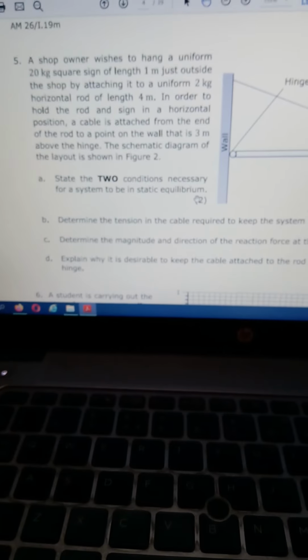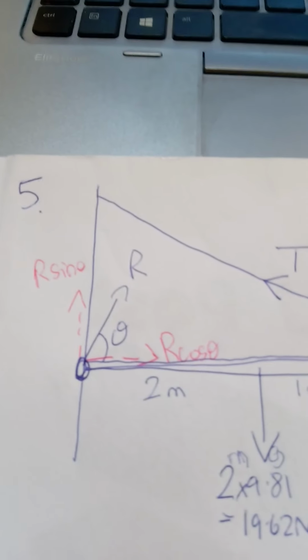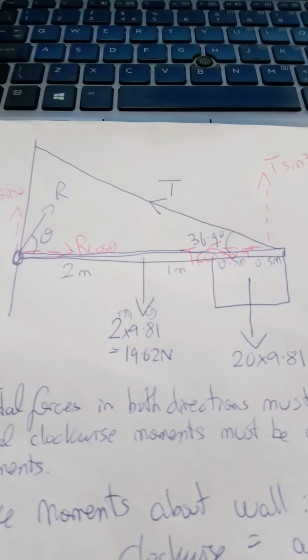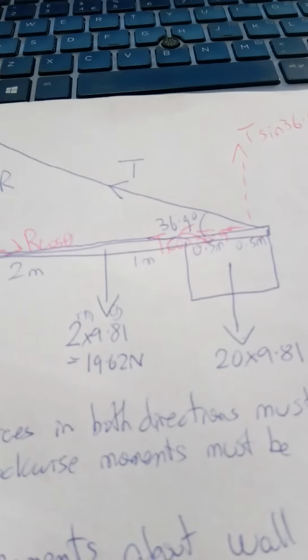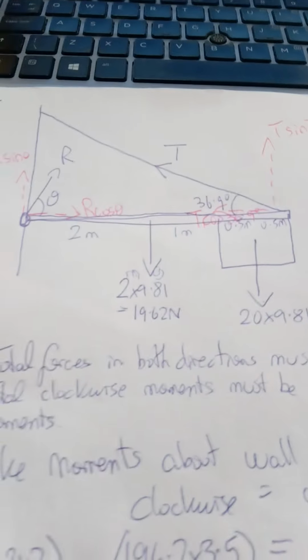Next part, determine the magnitude and direction of the reaction force at the hinge. So that means we're going to find what is R, and also what is theta. Apart from moments, we can use the forces upwards and forces going downwards. So we can say that the forces going upwards equal the forces going downwards.